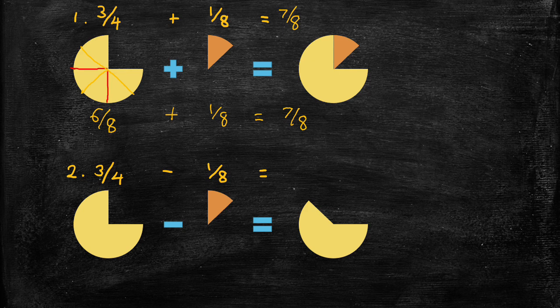And if I draw my slices over here, we can see that we've got 7 1/8 slices. One here, 2, 3, 4, 5, 6, 7. So what I'm doing here is I'm working with what are known as common denominators.